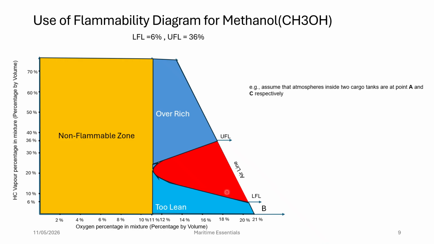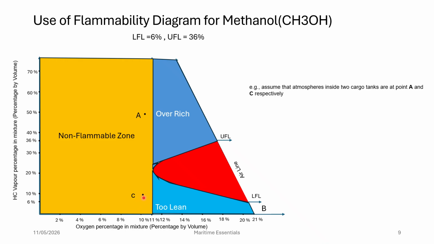Now let's assume you have two tanks, maybe one on port and another on starboard. Both tanks were carrying methanol cargo, and you have discharged. After discharging, you use your gas monitor and find that the hydrocarbon and oxygen percentages are at A for tank 1, and at C for tank 2.